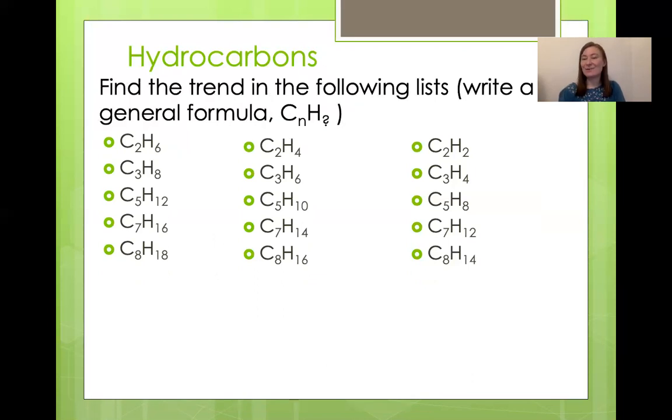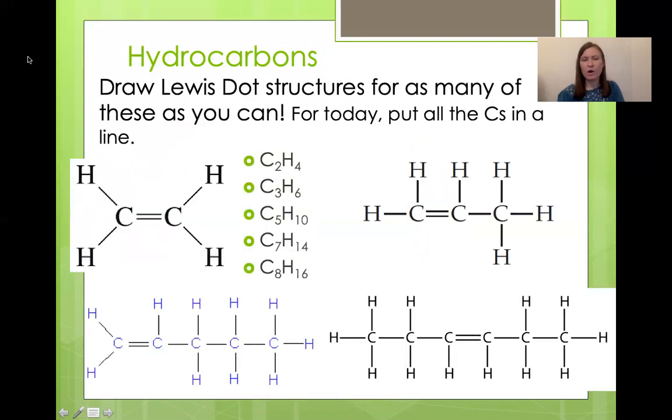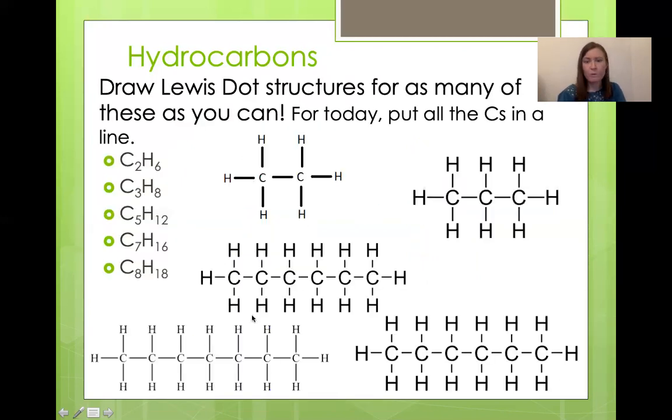We can now take a minute to write a mathematical formula for each of these groups. So a mathematical formula would be something like CNH, something with N in it. So if we look at the first group, we always had the carbons on the end, which always had 3 hydrogens, and then all of the other carbons in the middle always had 2 hydrogens.